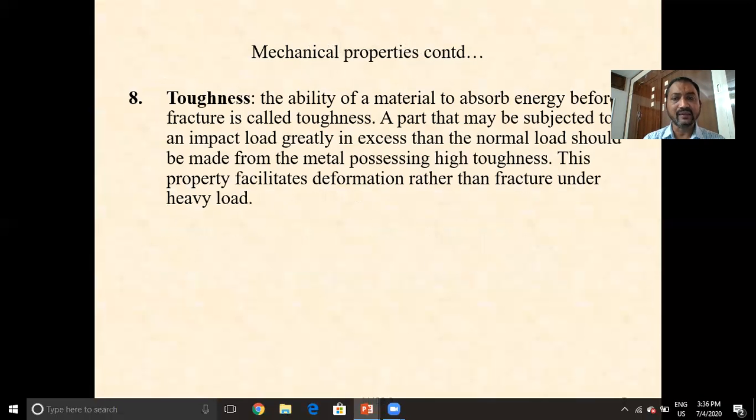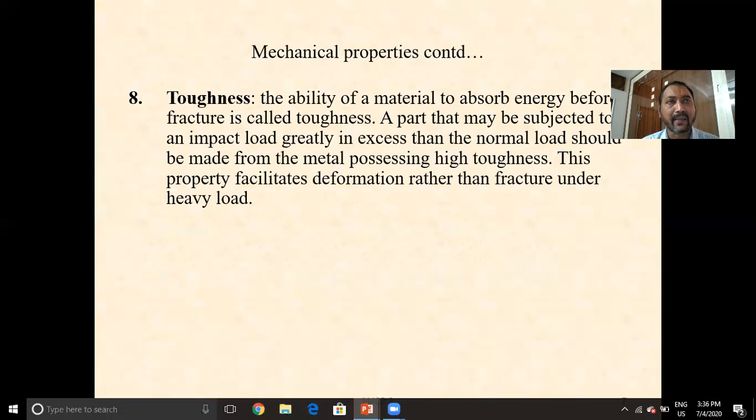The next one is toughness. It is also one of the important properties of a material, and it can be defined as the ability of the material to absorb energy before fracture.